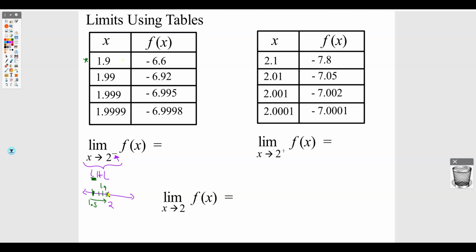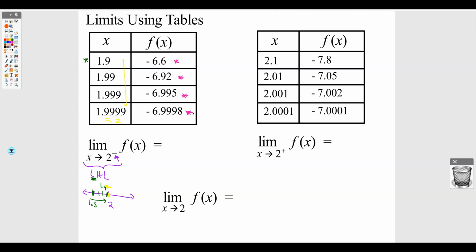As the x values approach 2, you get as close as possible, but not equal to 2. Really, really close: 1.9, 1.99, 1.999. So as we get closer and closer to 2, but stay on the left-hand side of 2, what does the y value get close to? On our first point, we're at negative 6.6, negative 6.92, negative 6.95.